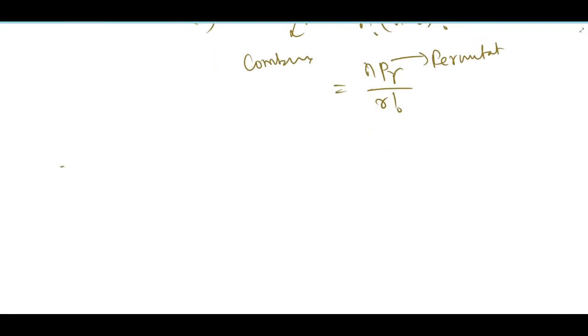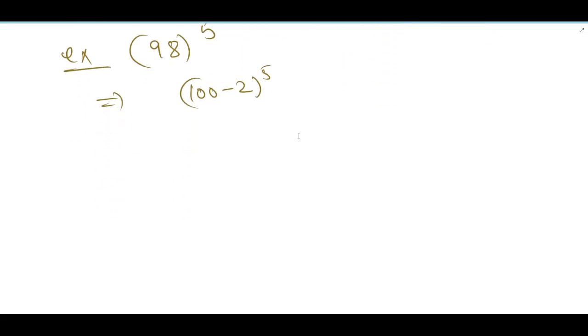So let's take an example. 98 to the power 5. So we can write it as 100 minus 2 to the power 5. So here a is equal to 100 and b is equal to minus 2 and n equal to 5.